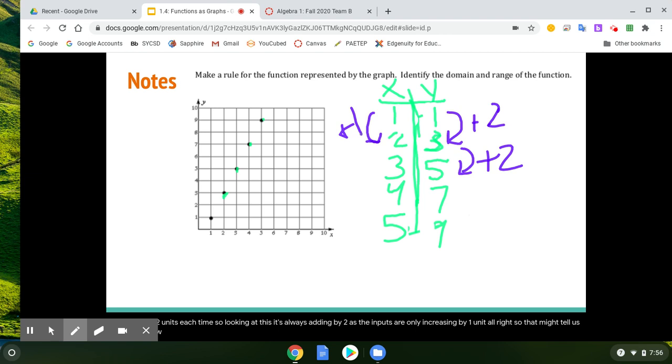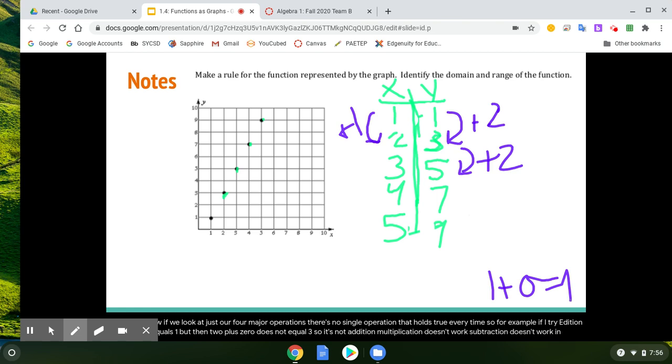Now, if we look at just our 4 major operations, there's no single operation that holds true every time. So for example, if I try addition, well, 1 plus 0 equals 1, but then 2 plus 0 does not equal 3, so it's not addition. Multiplication doesn't work, subtraction doesn't work, and division doesn't work by themselves. So this tells us it must be a combination of operations.